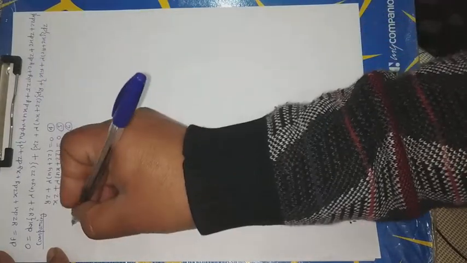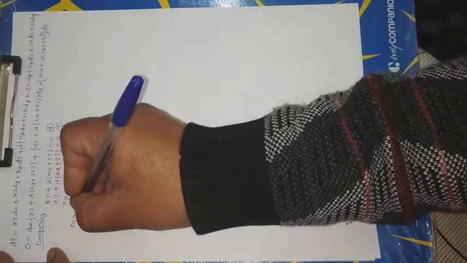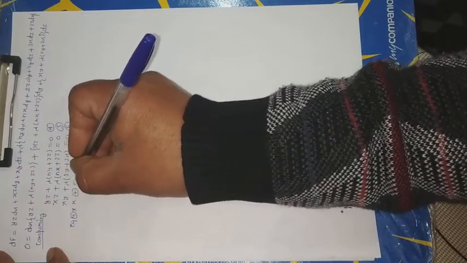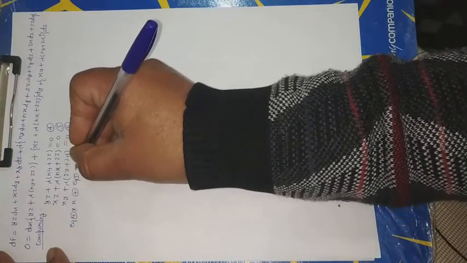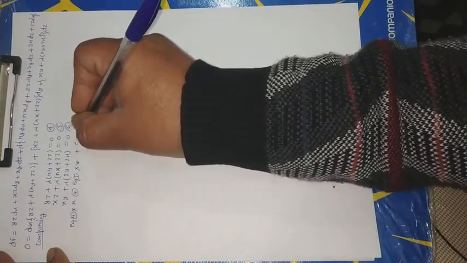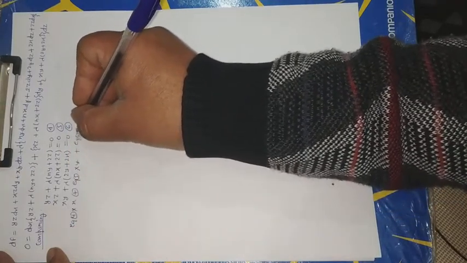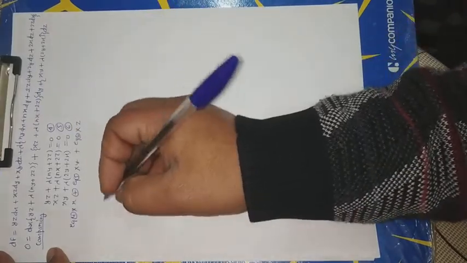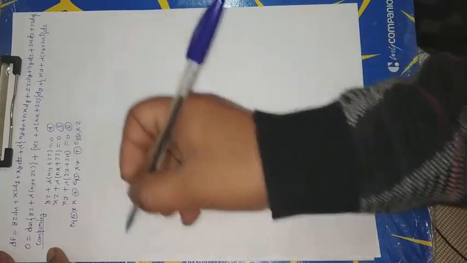Now equation number 4 multiplied by x plus equation 5 multiplied by y plus equation 6 multiplied by z, and add.